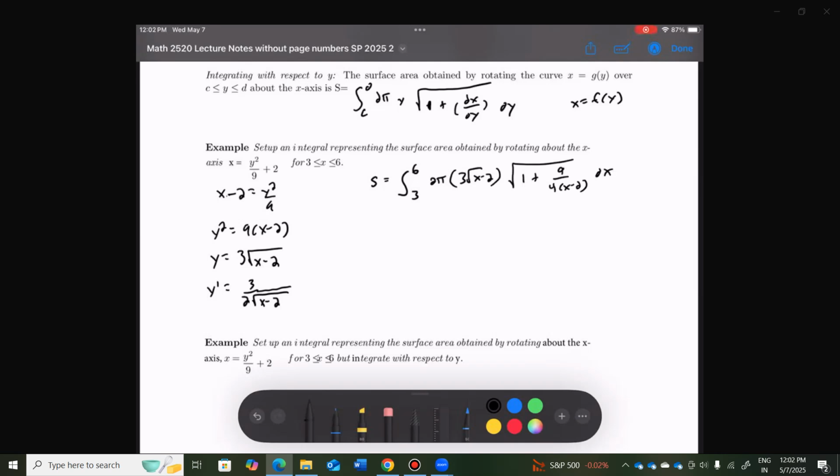Oh yeah, I did square that. Okay, so that's dy over dx squared. So you're squaring this 3, you're squaring the 2 to get 4, and you're squaring the square root of x minus 2 to get just x minus 2.